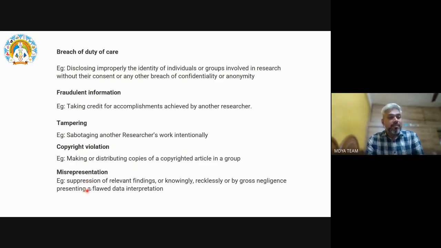Misrepresentation is the suppression of relevant findings, or knowingly, recklessly, or by gross negligence presenting a flawed data interpretation.